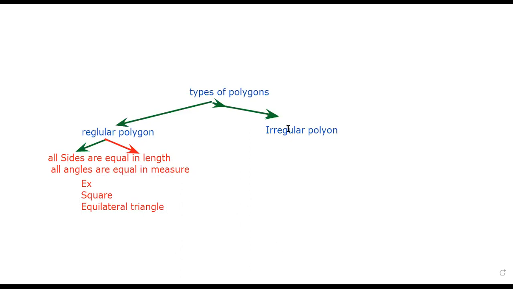Any figure with all sides equal in length and all angles equal in measure is regular. But in an irregular figure, in your opinion, grade 7, can we find all sides equal and all angles equal in measure?